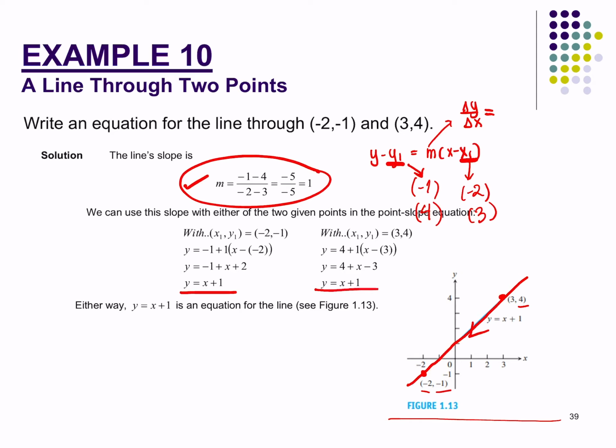Therefore, either way, if you use minus 2 and minus 1, or if you use 3 and 4, the equation of the line turns out to be the same. Okay, so that is the concept of using the slope to find the point slope formula.